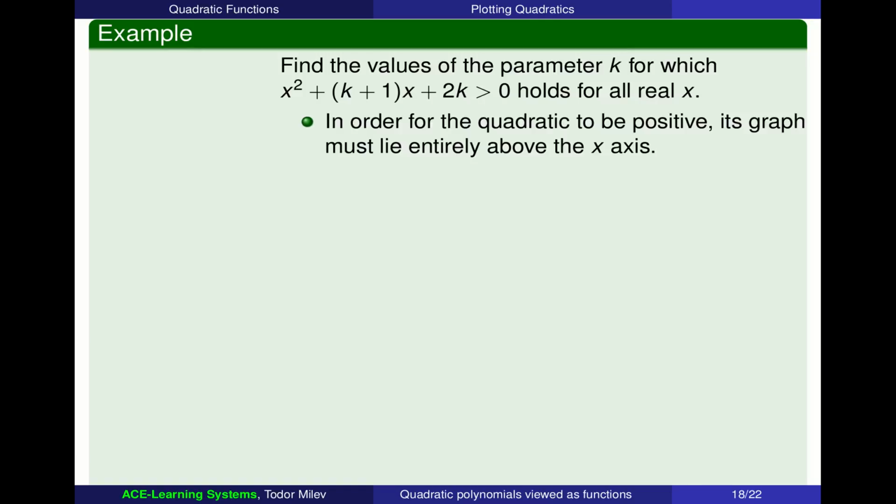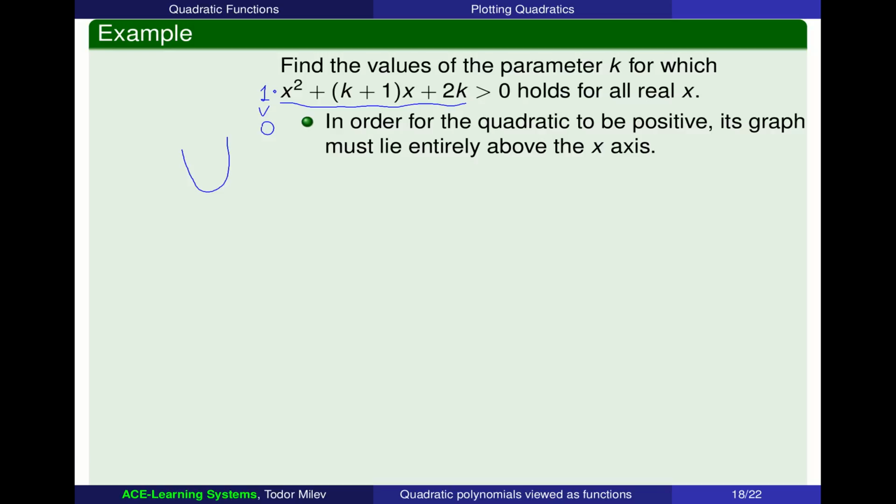In order for this quadratic to be positive, what do we need to happen? Well, look, the quadratic opens upwards, right? This quadratic opens up because the leading coefficient is greater than 0. If a parabola opens downwards, it always gets to be negative, no matter how I choose its linear coefficient and its constant term.